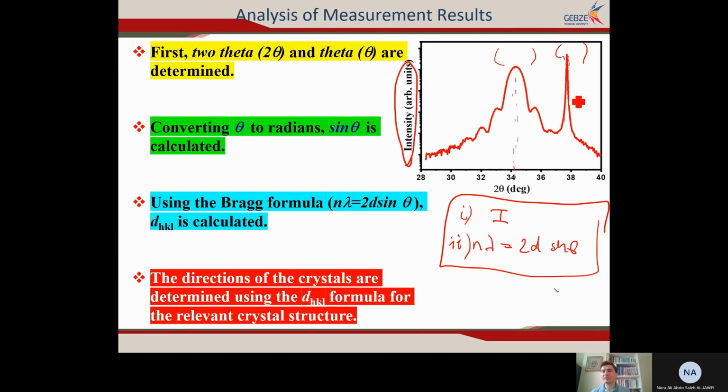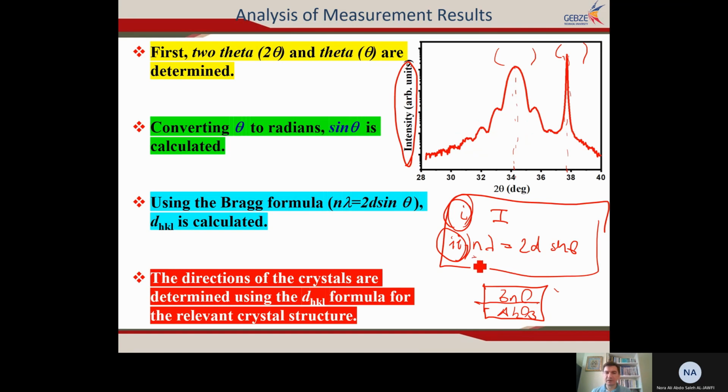What is the lattice parameter of aluminum oxide? What is the interplanar distance d of zinc oxide? What is the interplanar distance of aluminum oxide for the film grown at some special conditions? In order to answer all these questions, these two important pieces of information can help you a lot.